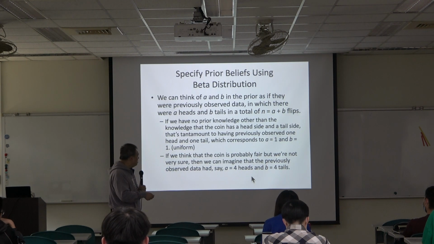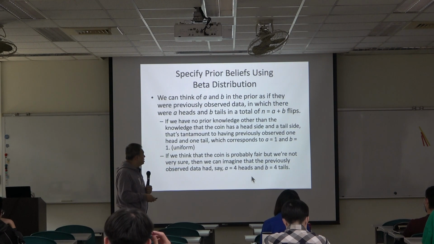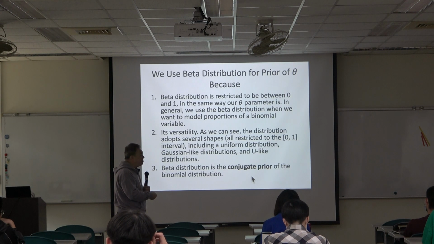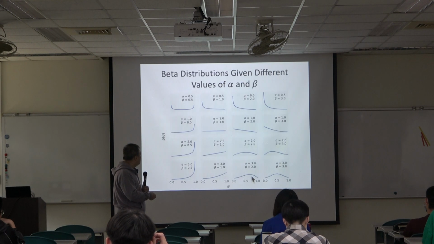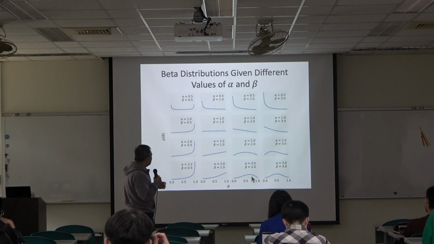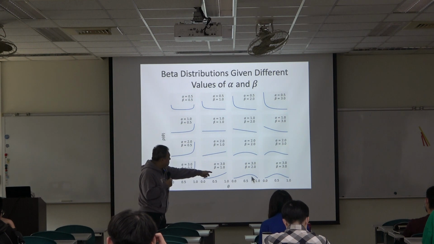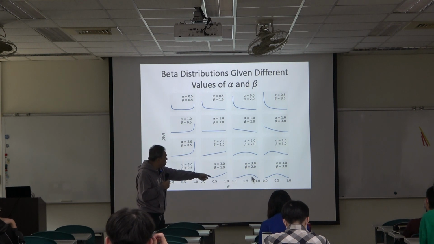Because remember, when both alpha and beta are the same value and they are larger than 1, it means that we have a bulk at the middle, right? If you look at the diagonal figure, especially the lower right one, it's alpha equal to 3 and beta equal to 3.